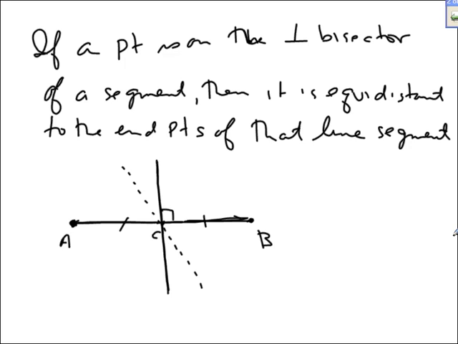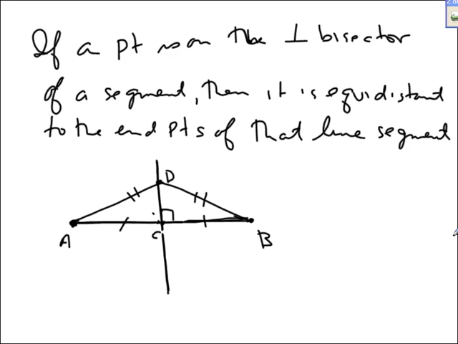But since that's a perpendicular line, it is true. So we have symmetry. The distance from D to A, it's as far from A as it is from B. That's all that theorem is saying. And that makes pretty much sense.